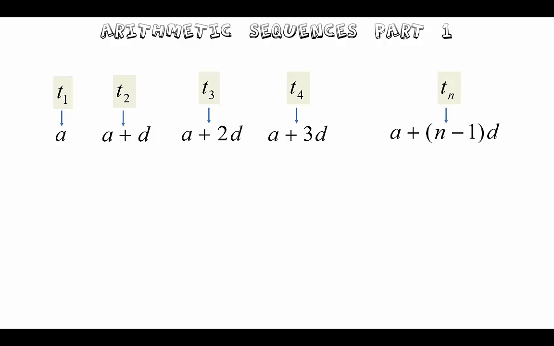And our last term of our sequence we can refer to as Tn, where n is the nth term. And you can see that we can represent it by a plus in brackets n minus 1 times d, just following the pattern that we can observe. So we can write that down as the nth term of an arithmetic sequence being Tn equals a plus n minus 1 times the common difference d.